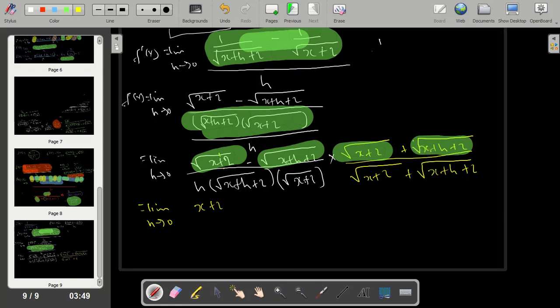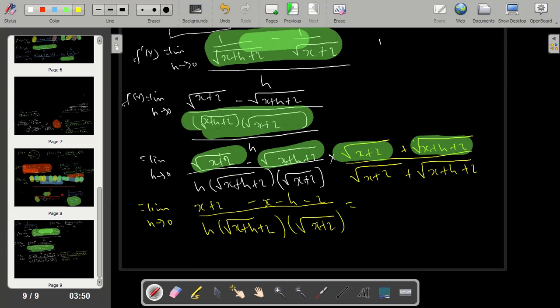So now this is basically what I've done. I've multiplied the first part, the square root of x plus 2, by the square root of x plus 2 to just give us x plus 2. Then we're going to multiply the square root of x plus h plus 2 with itself to give us negative that, because there's a negative in front here. So it's going to be negative x minus h minus 2, everything divided by h times the square root of x plus h plus 2 plus the square root of x plus 2.